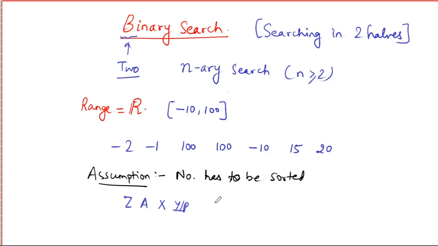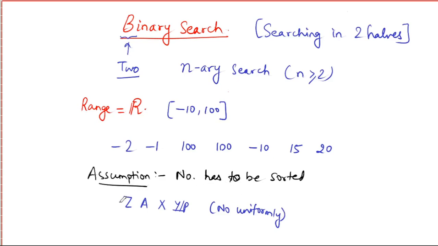So there is no uniformity in this, and so this will become more time taking. So to reduce that time, this assumption is made, because it becomes clear in which of the halves the number or the word will be present.